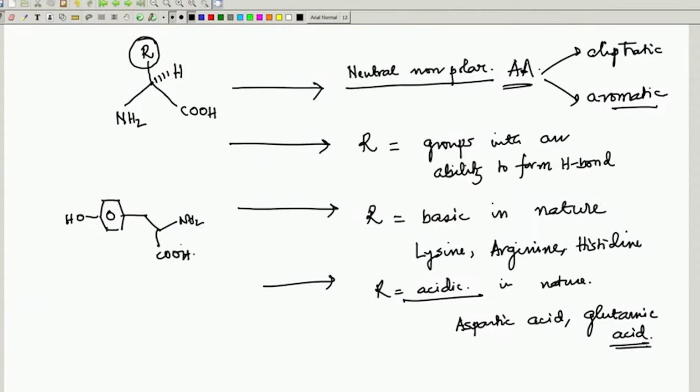Now, when we write these structures, we generally do not write the 3-dimensional structure, because we assume that this is in the L configuration, and phenylalanine is lacking that hydroxy group. Okay. So, obviously, we know that phenolic OH is slightly acidic. So, the hydrophobicity of these two amino acids will definitely be different.